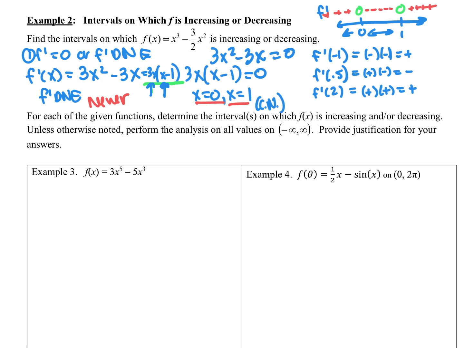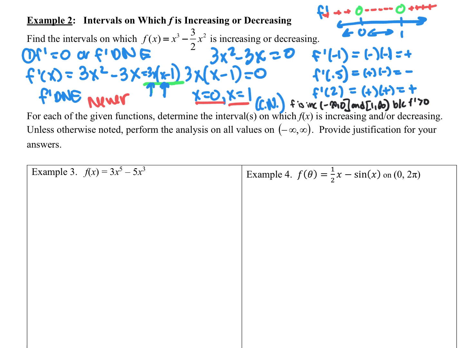So this tells us that, I'll write my answer here, f is increasing whenever the derivative is positive, right? So from negative infinity to 0, that whole interval, and from 1 to infinity, that whole interval, f is increasing because f prime is greater than 0 that whole time, because we tested that whole interval.